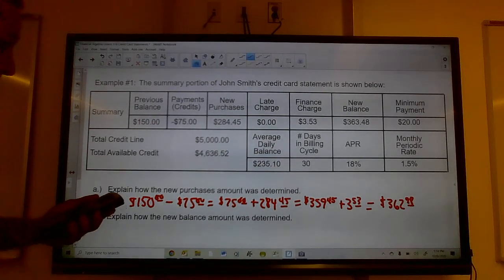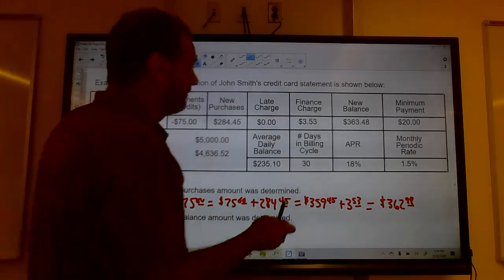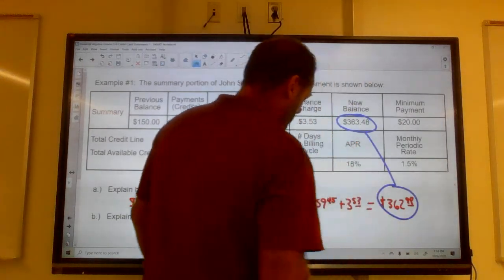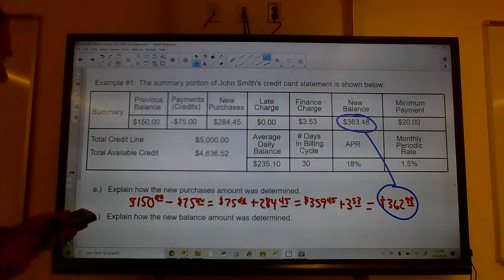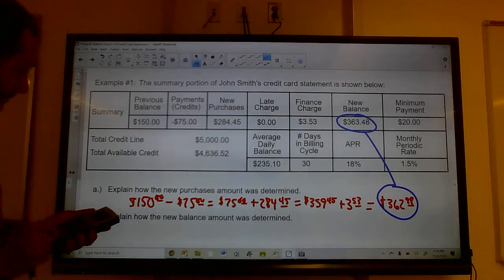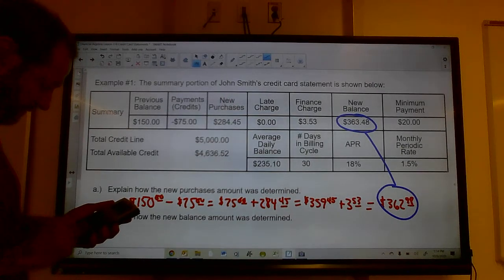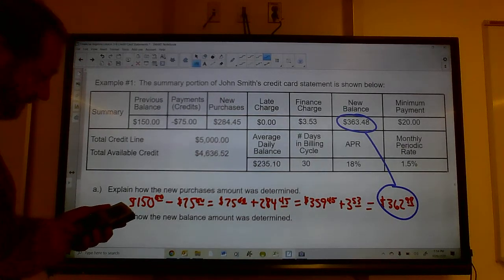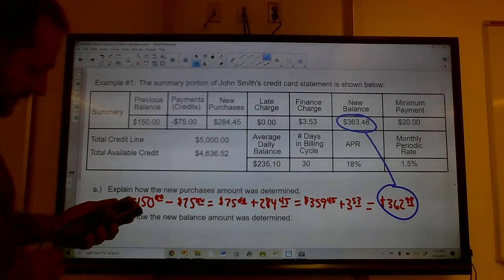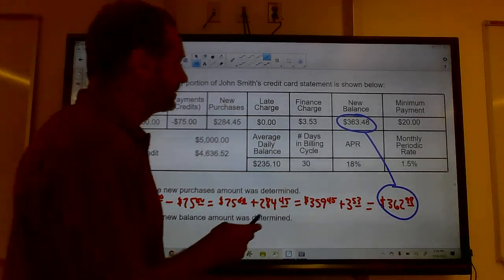Huh. Somewhere we have a mistake. So let's try it again, make sure we didn't make it here. 150 minus 75 plus 284.45 plus $3.53. 362.98. So this should be 362.98 right here.